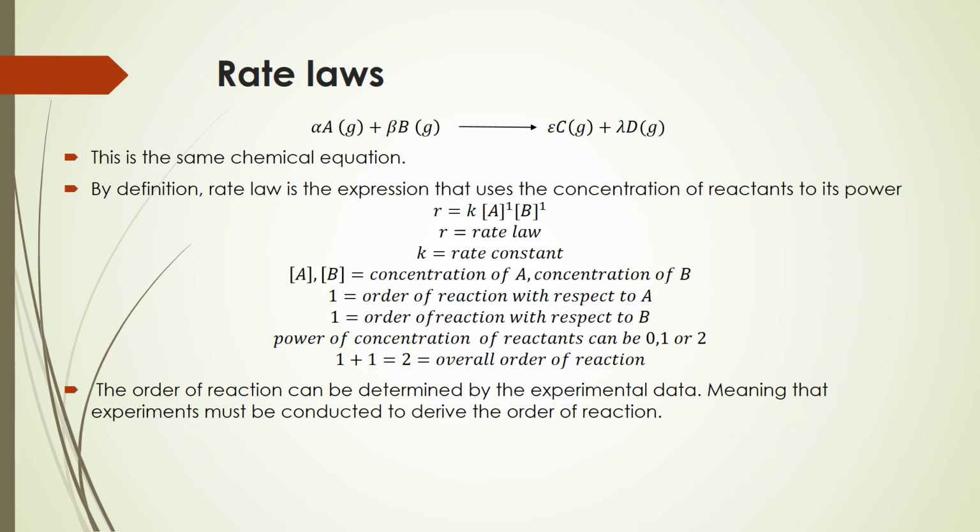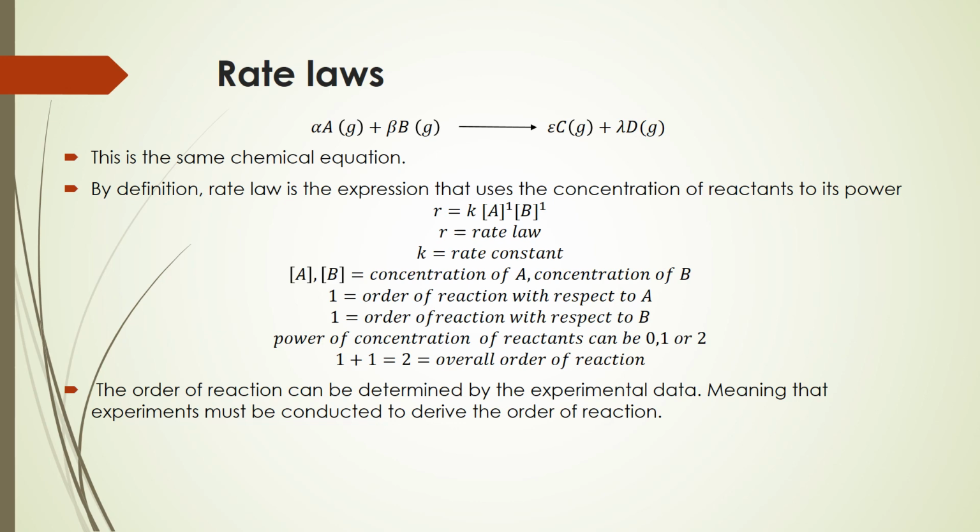Why are we so interested in the order of reaction with respect to A and B? If we know the order with respect to A is 1, and with respect to B is 0, then the rate equation becomes R equals K times A to the power of 1, B to the power of 0.